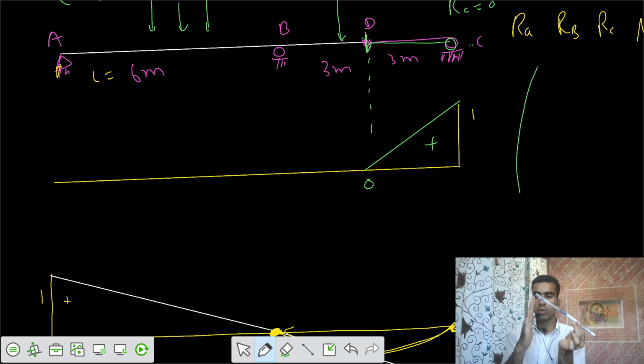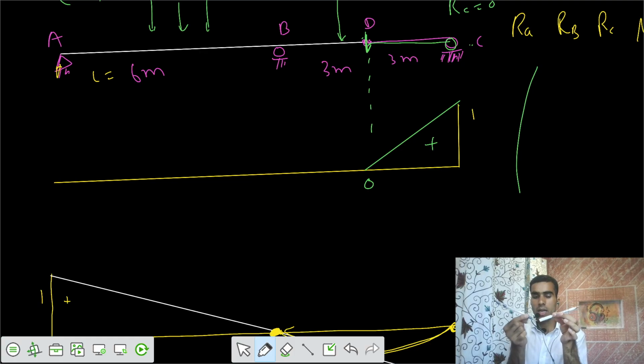You apply unit load of 1 upwards, so in this fashion would have been the variation, but there is an internal hinge here. Let's see that. But we have to ensure that B and A are at the initial location where they were originally. So once this goes downwards in this fashion, point B has to remain at its initial location.